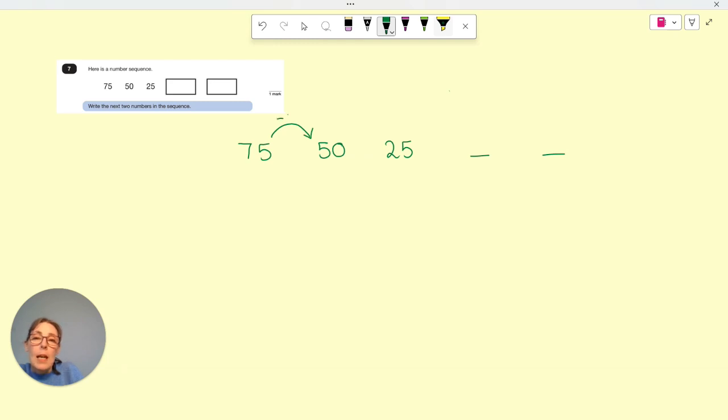So I think that's take away 25. 50 take away 25 is 25. So it looks like I'm taking away 25 from each one. So 25 take away 25 is 0. And 0 take away 25 is negative 25. So I think that's what my answer is.